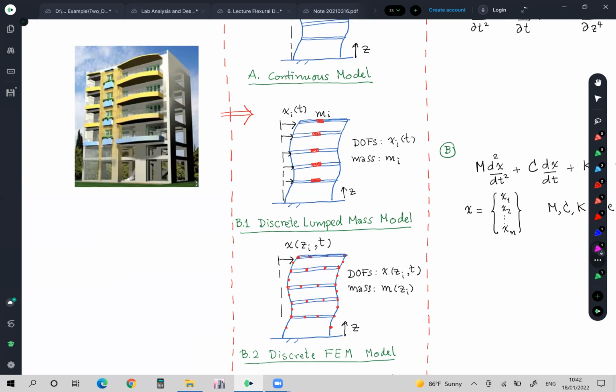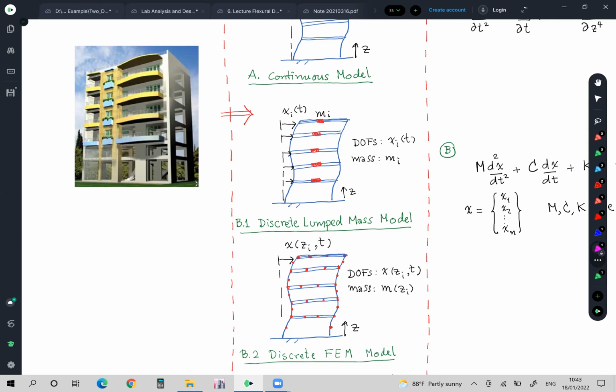And we represent the movement using only those locations, or those particular heights or floors of the building, represented by the degrees of freedom we concern, X. After you obtain the solution, you would get only this information.